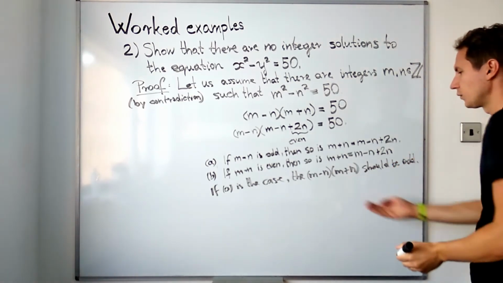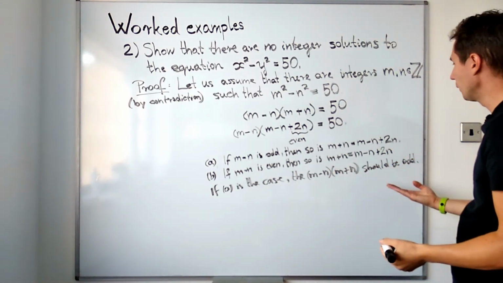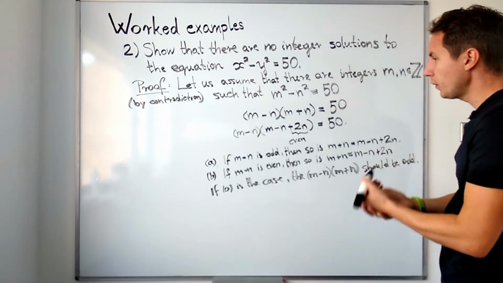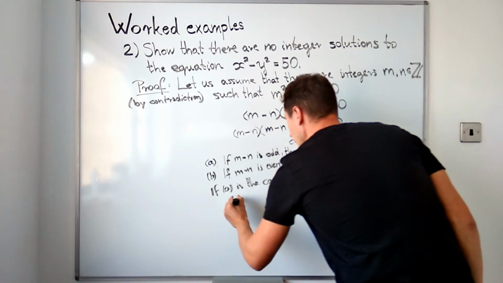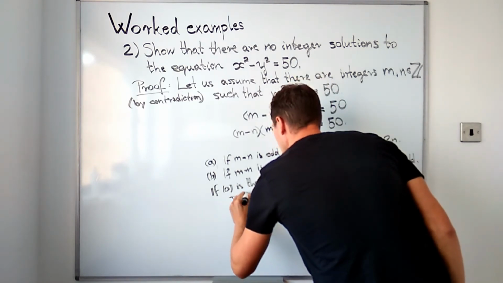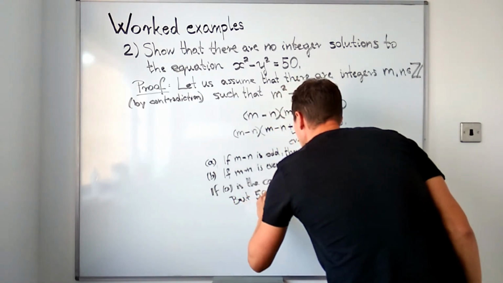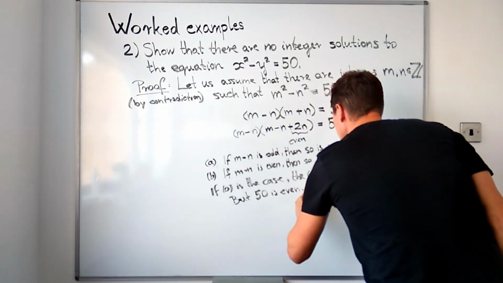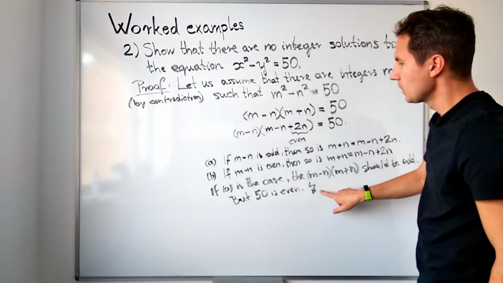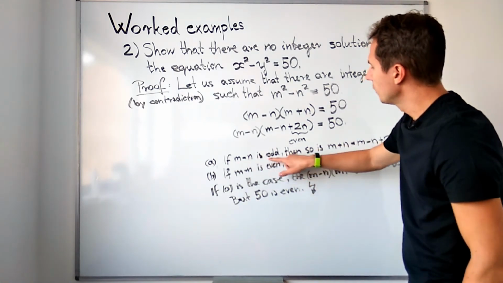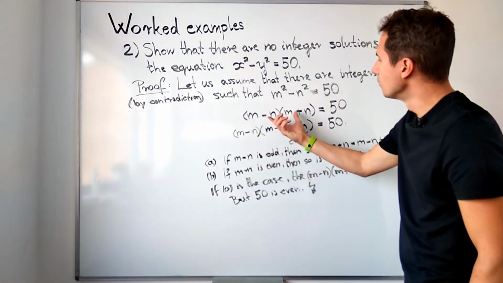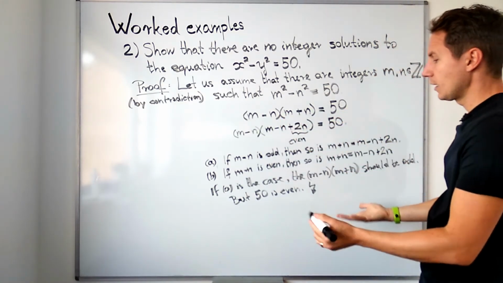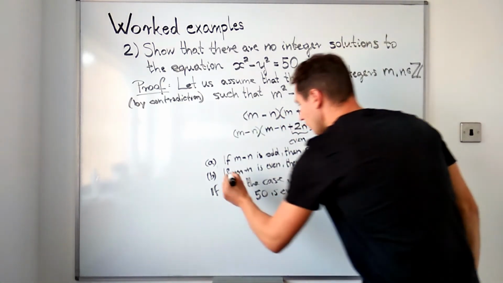Okay, so the product of two odd numbers should result in an odd number. But the equation tells us that the result should be 50, which is an even number. So in the first case, here is our contradiction, because we have two odd numbers, we multiplied them and got an even number. That just cannot be.